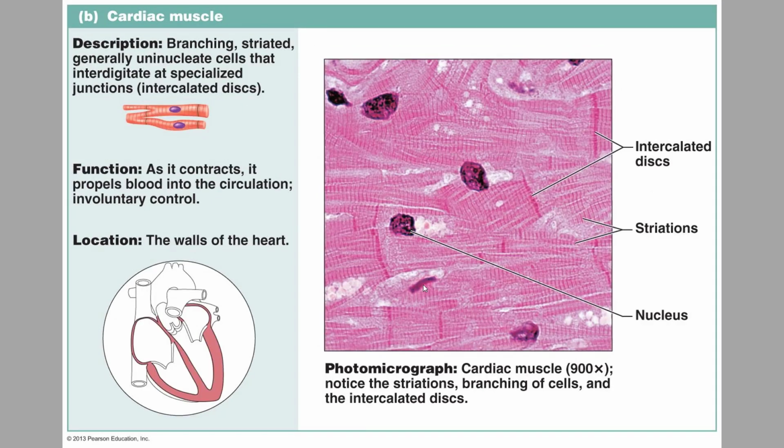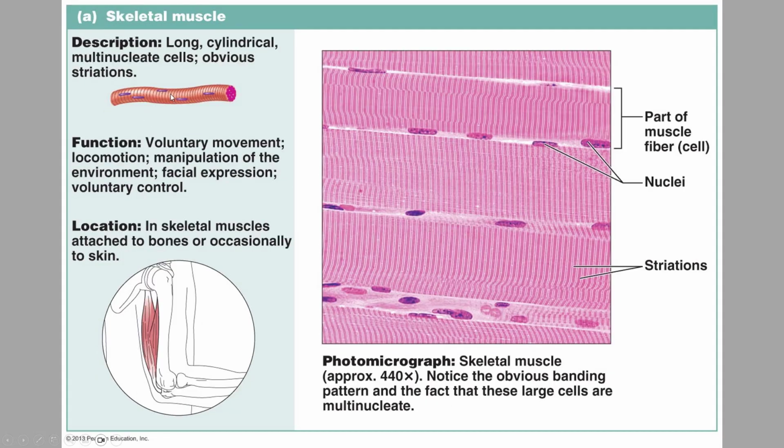Next, cardiac muscle. Cardiac muscle is only found in the heart. It's very similar to skeletal muscle in that it is striated. It's made of long fibers, except they branch. If we go back and look at skeletal muscle, they are really, really long, but they do not branch.